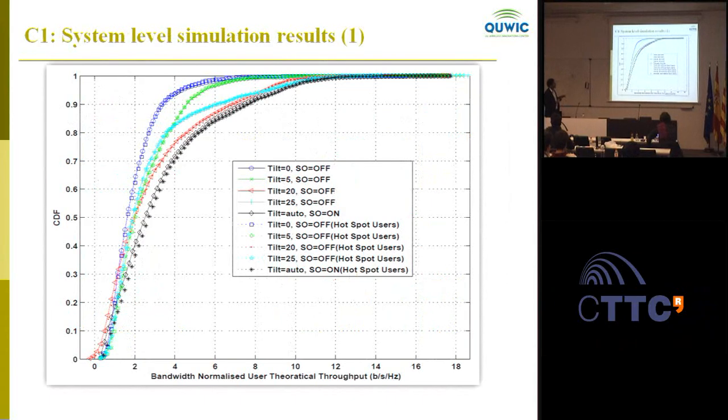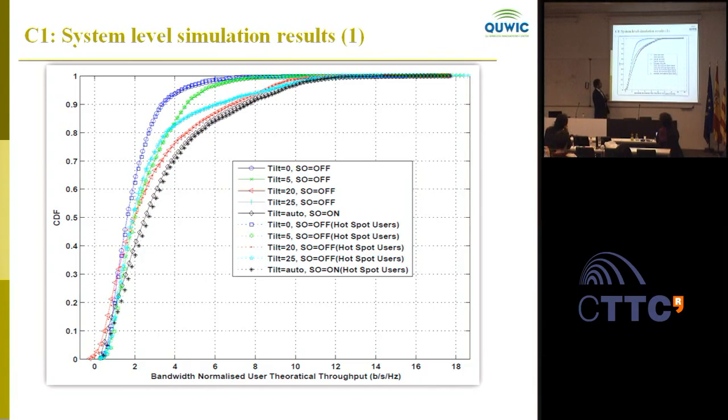Okay, in terms of looking at the overall system performance, here we are comparing it with the number of values. As I said, 30 is the maximum practical value you'll ever find. So we are comparing it with different values of tilts, and we are plotting the tilts with self-organization, and we are plotting throughput not only for hotspot users but also non-hotspot users.